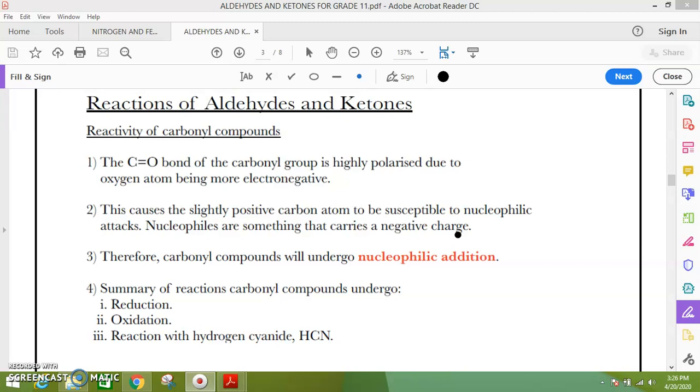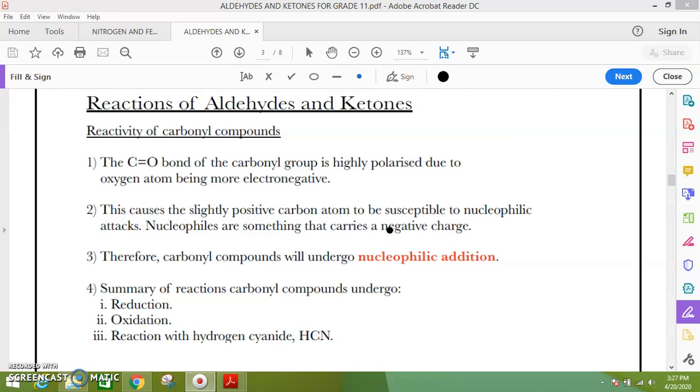Here we are going to study nucleophiles, which carry a negative charge, like Cl negative, CN negative, OH negative. Things that carry a negative charge we call nucleophiles, and therefore carbonyl compounds will undergo nucleophilic addition.